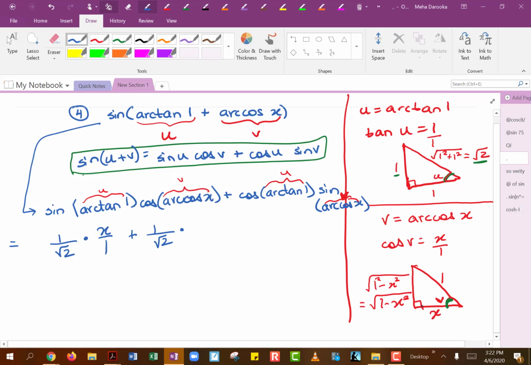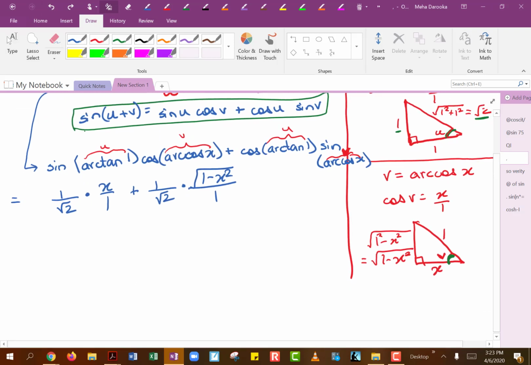No, I did that wrong. Sine of arc cosine, so that's the second one. Sorry, that's opposite over hypotenuse, so this will be square root of 1 minus x squared over 1. So use these two triangles to help you come up with what these function values are going to be, because honestly I think that's going to be your easiest way of doing that.